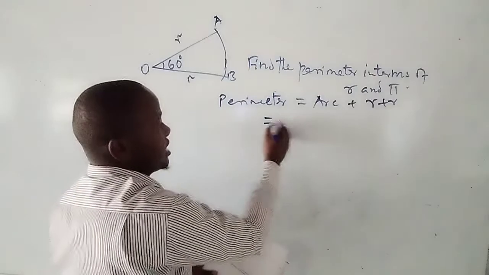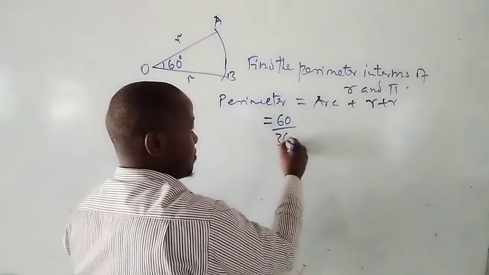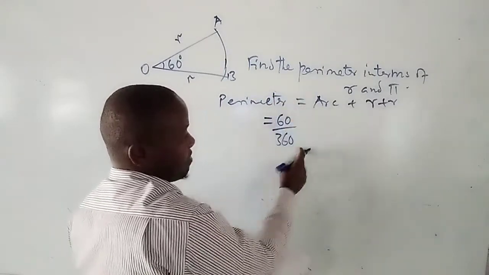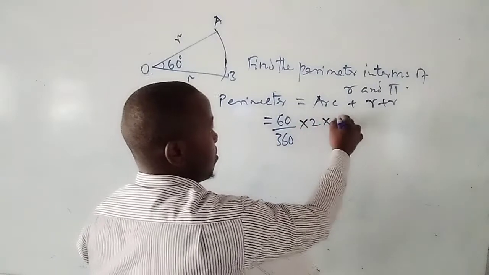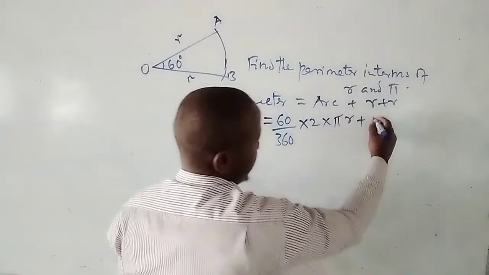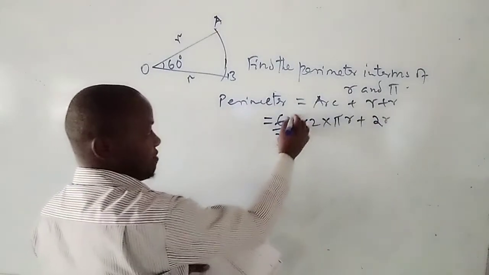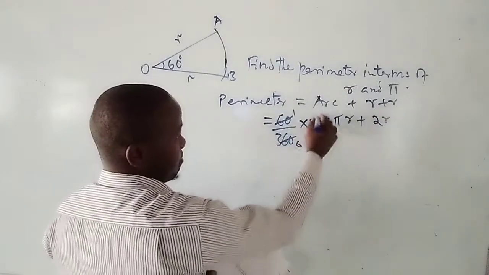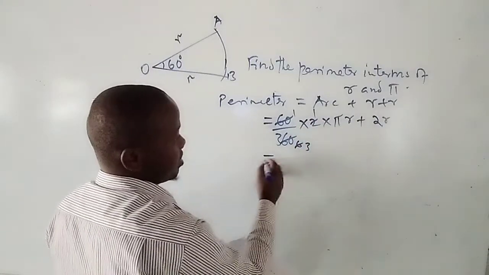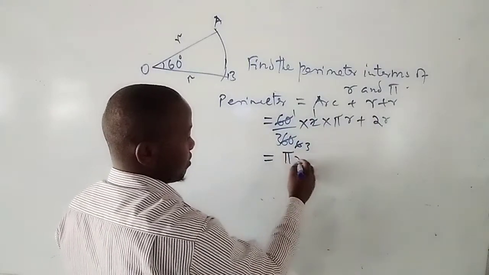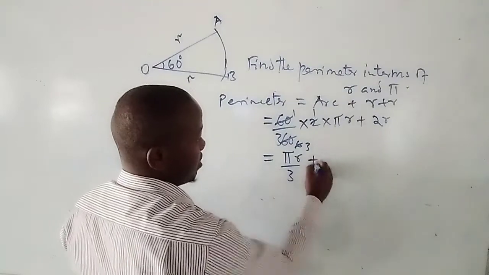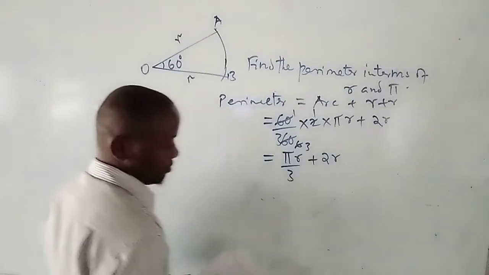So the arc is given by the angle at the center, 60, divided by 360, times 2 pi r, then plus 2 radius. Simplifying, this should be pi r all over 3 plus 2r.